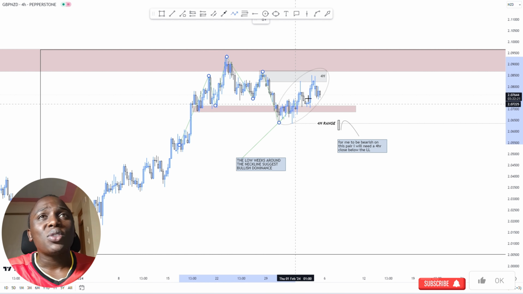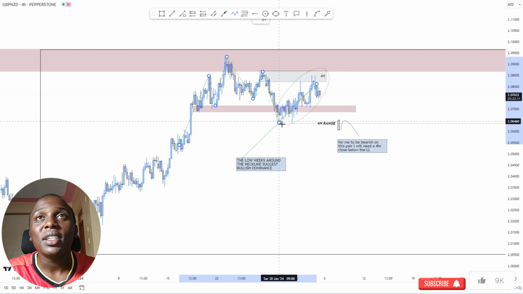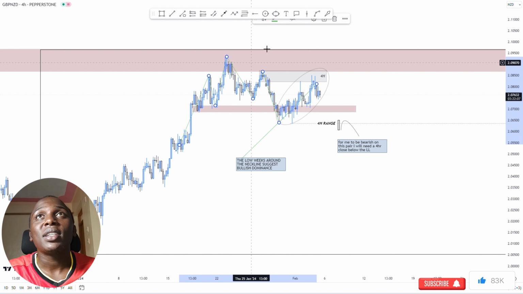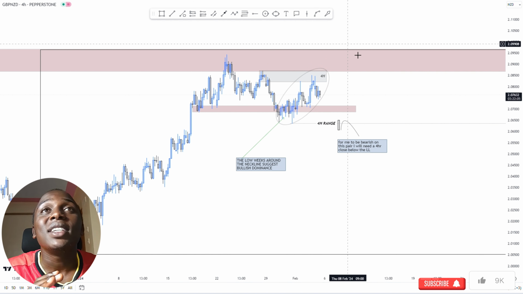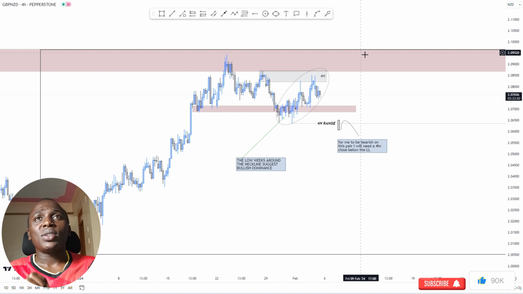So for us to confirm that it's a rejection of the zone, we need to see this market going down and breaking this low right here. So if price does all that, I'll be looking to short the market, but as of now my bias still remains to be bullish. So this is what I'm waiting to see.